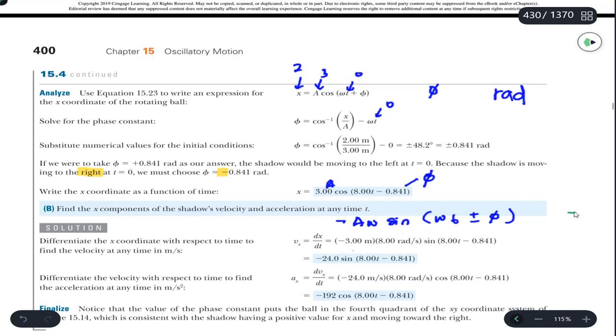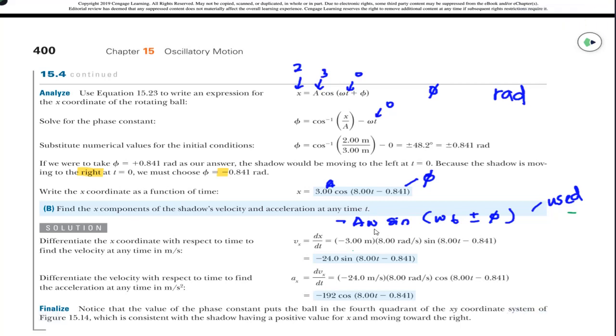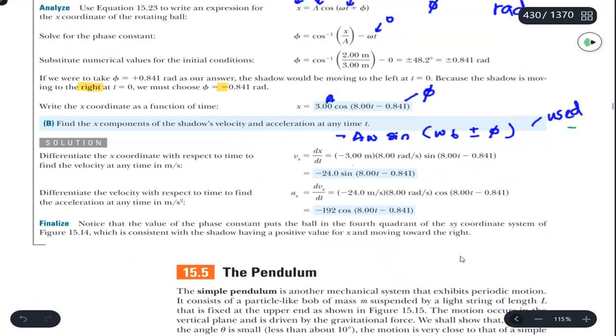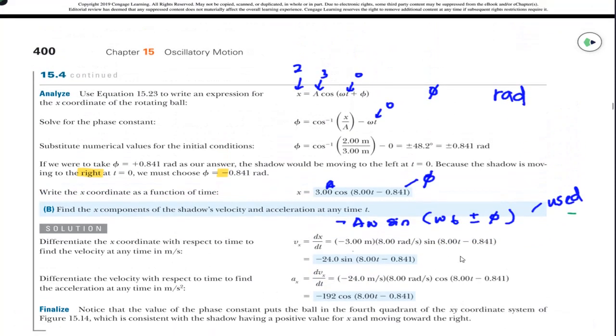You can quickly use this expression. Just use it directly. So substitute A, substitute omega, which is 8 earlier, angular frequency, angular speed, the same thing. And accordingly, you have the generic expression for v and then as well for the acceleration. Understand? Just use their formula and substitute. And that's about it.